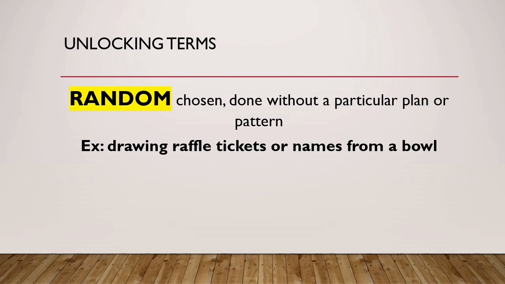It is not random when there is a pattern. Example, when you choose names from a bowl by colors, for example, I will choose yellow, I will choose red. That is not random because it is planned or there is a pattern. So it is random when you do not know what will happen or what will appear.